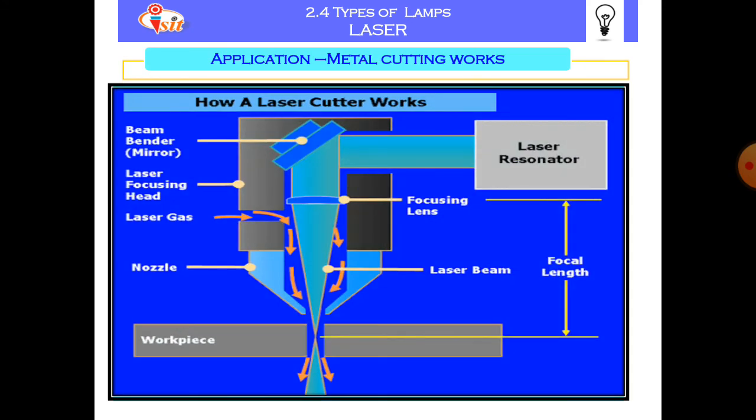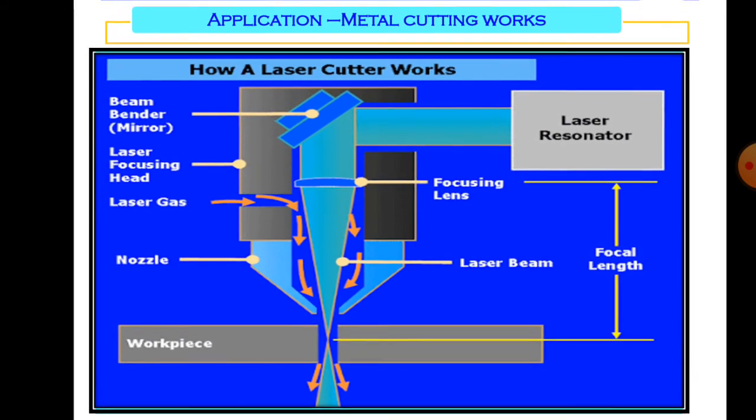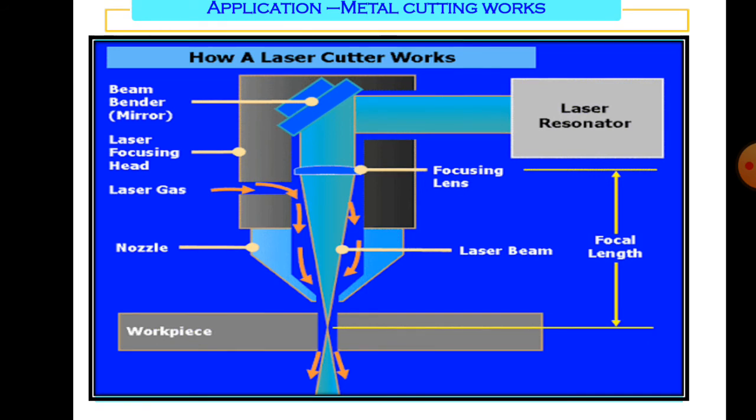So this is how the laser cutting works. Here, a laser resonator, meaning the source of laser, transmits towards the beam bender mirror, and after reflecting from the mirror it focuses towards the metal, the downward portion.